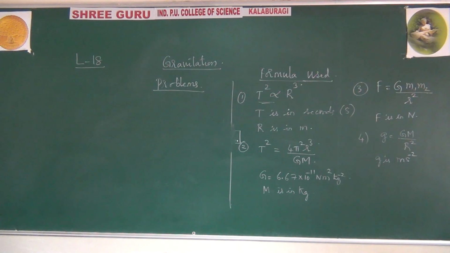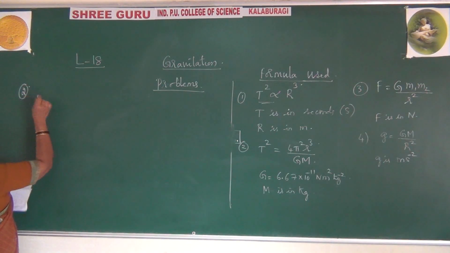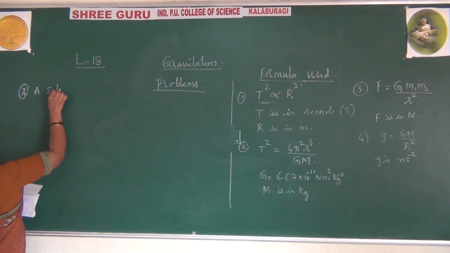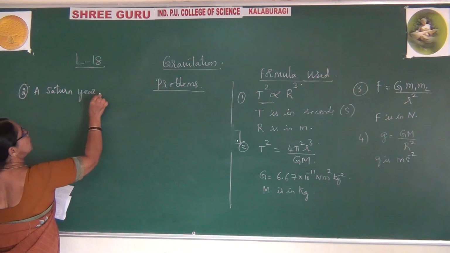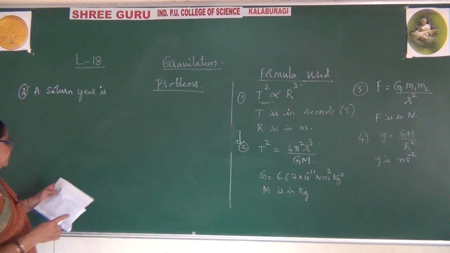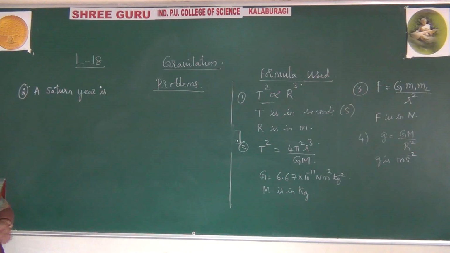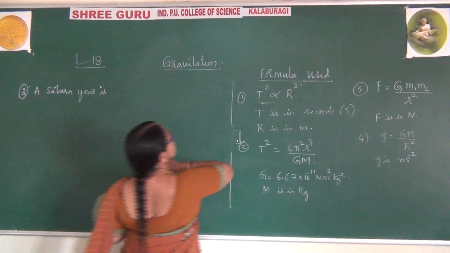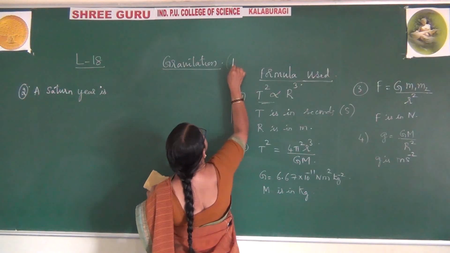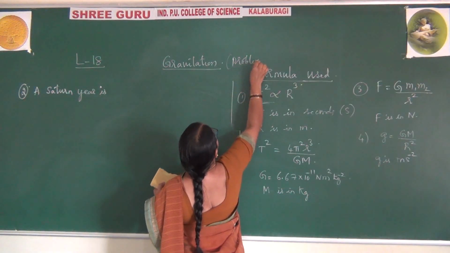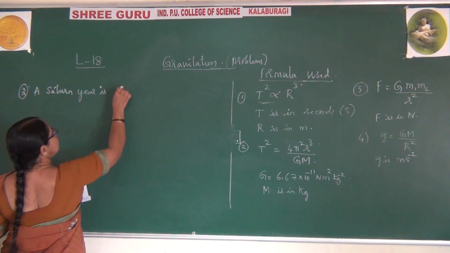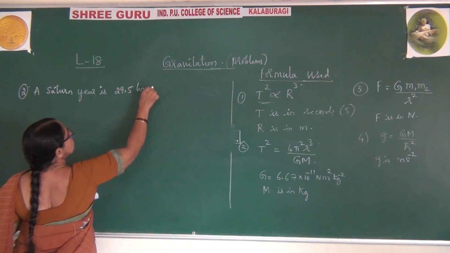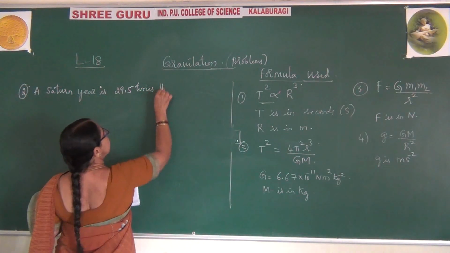Second problem. A Saturn year is 29.5 times the Earth year.